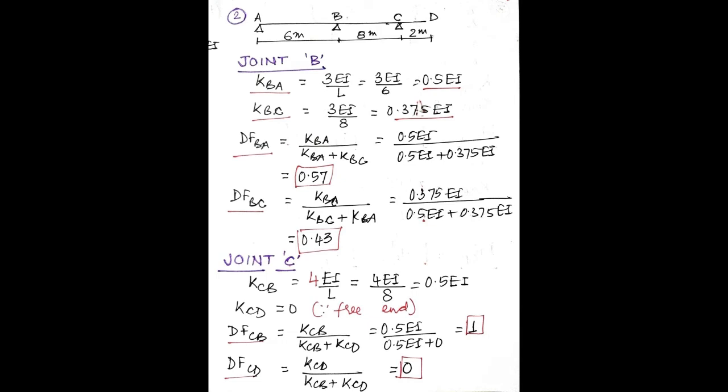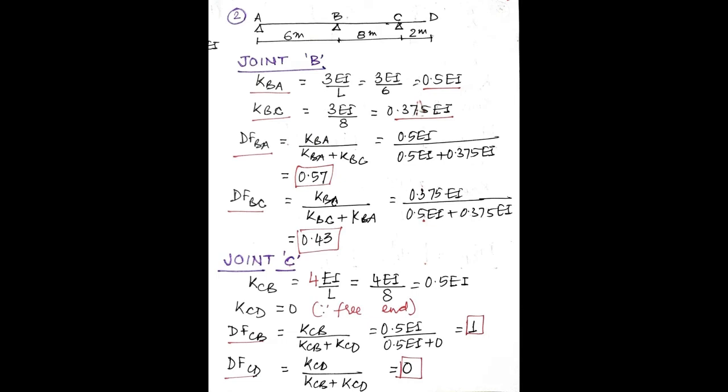So CB will be 4 EI by L, because the stiffness factor when one end is fixed is 4 EI by L. So it comes out to be 0.5 EI. Next is the stiffness factor of CD. You remember that for a free end the stiffness factor is 0. So here it is 0. So what will be the distribution factor for CB?